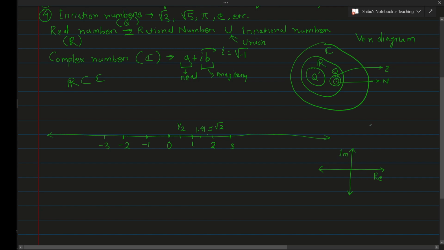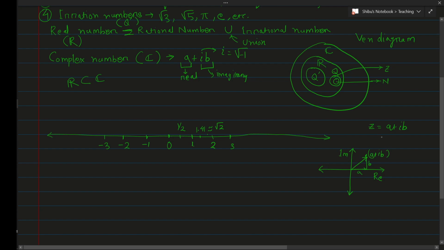Let's say we have a complex number Z equal to a plus ib. Then we go a units in this direction, and b units in the perpendicular direction, and this point will represent a plus ib. So this is how complex numbers are represented. It will be represented by a vector like this.